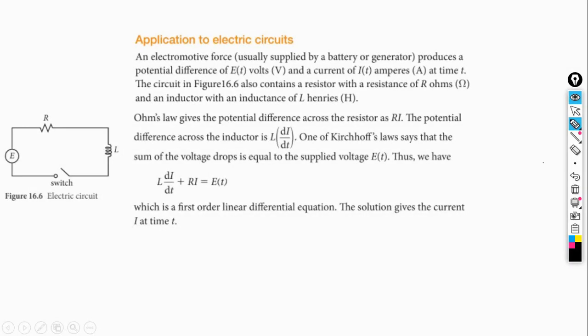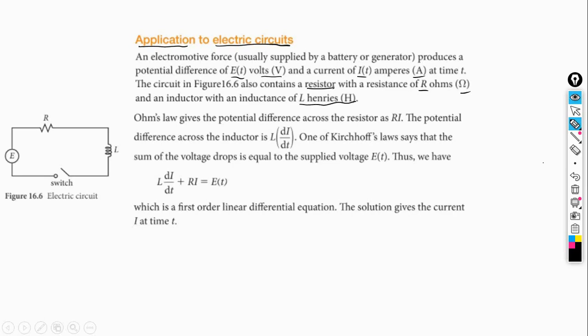So on the next slide, you're going to find an application to electric circuits. An electromotive force, usually supplied by a battery or generator, produces a potential difference of E of t volts (V) and a current of I of t amperes (A) at time t. The circuit in figure 16.6 also contains a resistor with a resistance of R ohms and an inductor with an inductance of L henries.